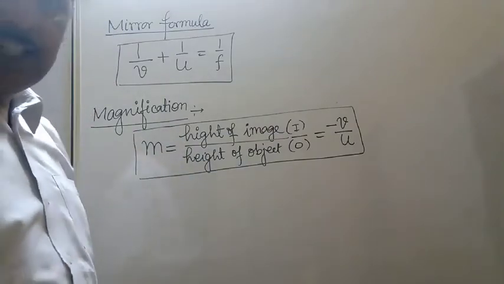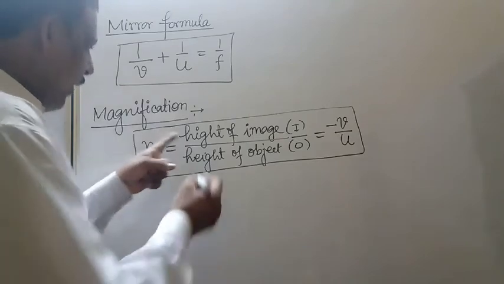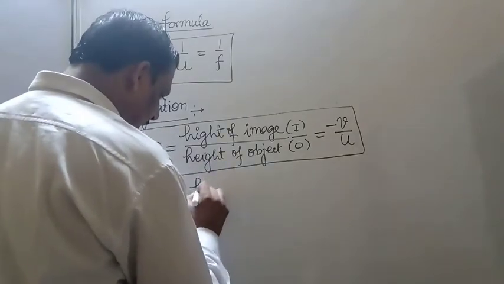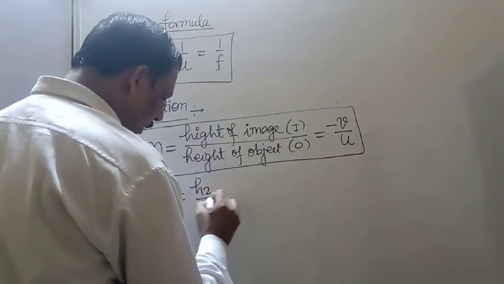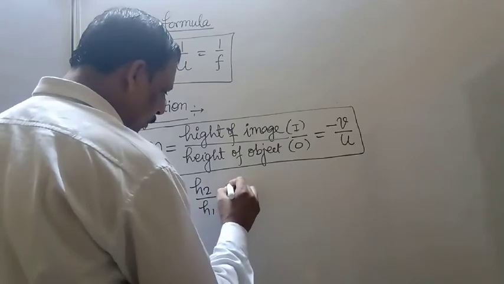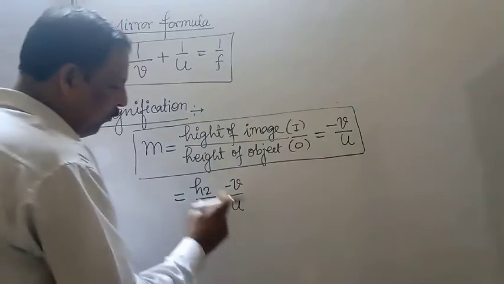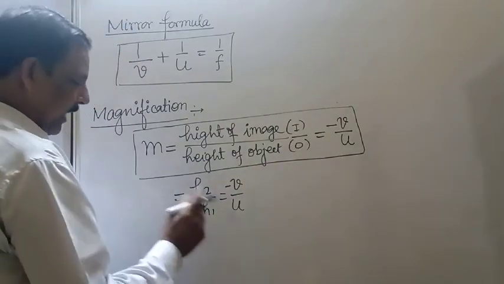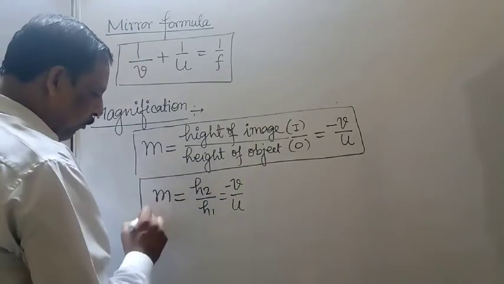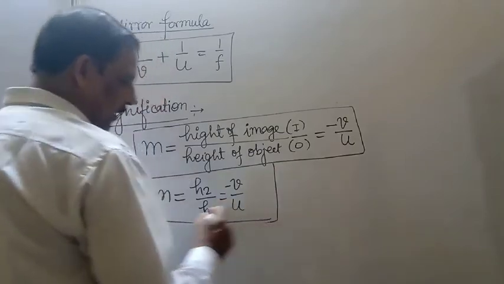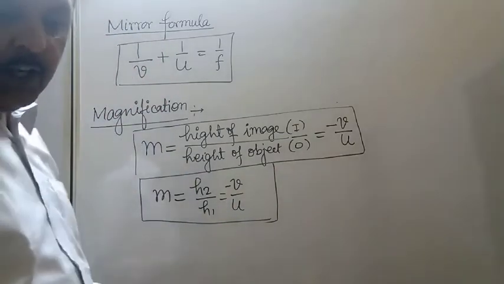We also say h2 upon h1 is equal to minus v upon u. Instead of I upon O, we can use h2 upon h1. So basically both formulas are the same; it is just a different way to write.